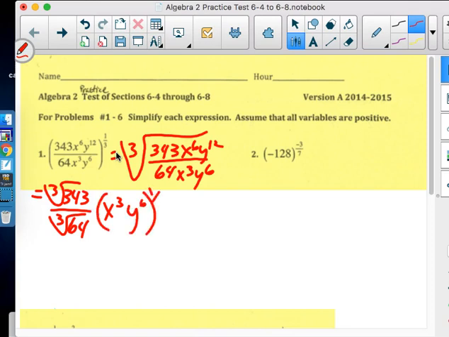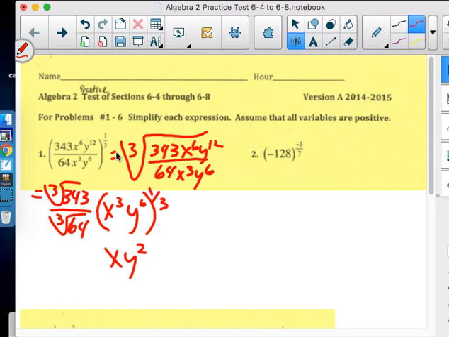And now the reason I said I might just leave that 1/3 is because isn't 3 times 1/3 something nice? Yeah, it's 1. How about 6 times 1/3? What's that? It's 2. So using the properties of exponents for these back here might make that go a little bit faster.